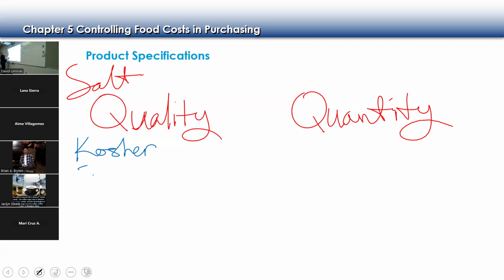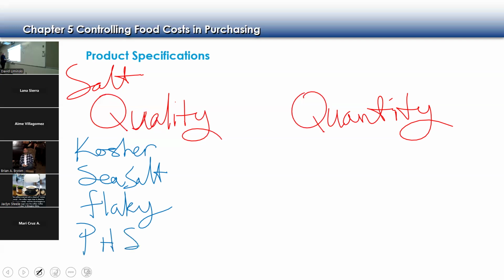Sea salt. How about the flaky salt? Okay, flaky salt, absolutely. Anybody else? Himalayan. Okay. So I'm going to do pink Himalayan salt.